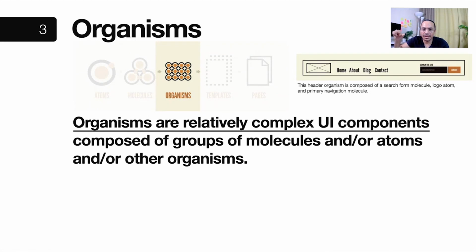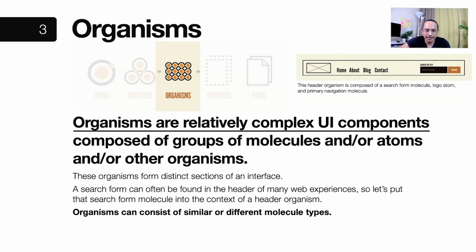Then you have a molecule like home, about, blog, contact, and then the next molecule, search this site. So you can use different molecules and atoms to create an organism. These organisms form distinct sections of an interface. A search form can often be found in the header of many web app experiences. So let's put that search form molecule into the context of a header organism.